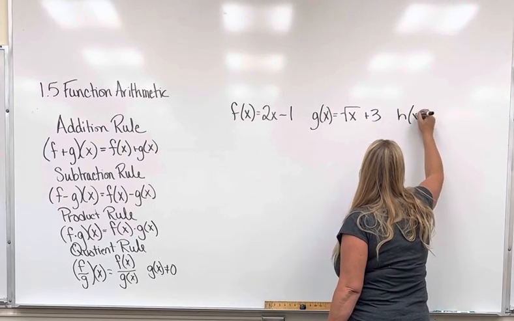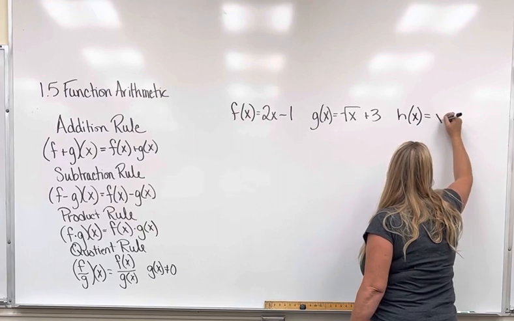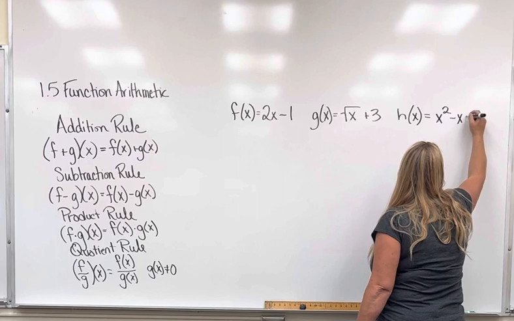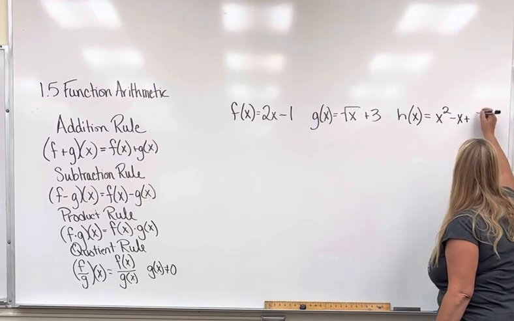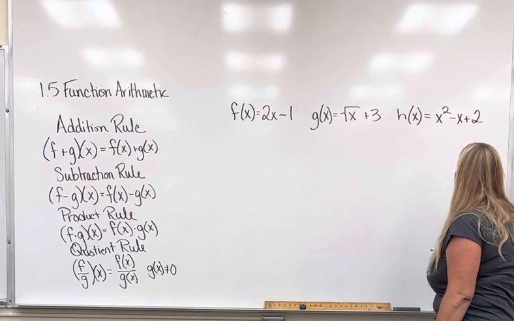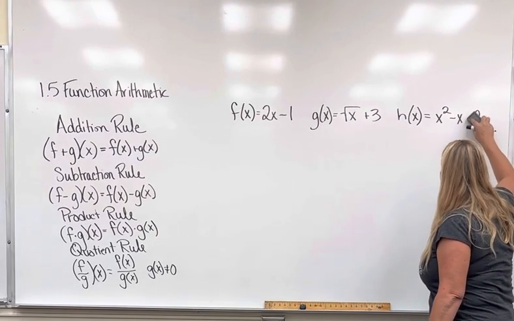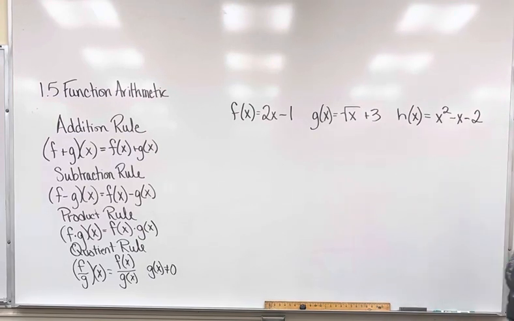And we're going to put an h of x up here, and h of x is going to be equal to x squared minus x minus 2.